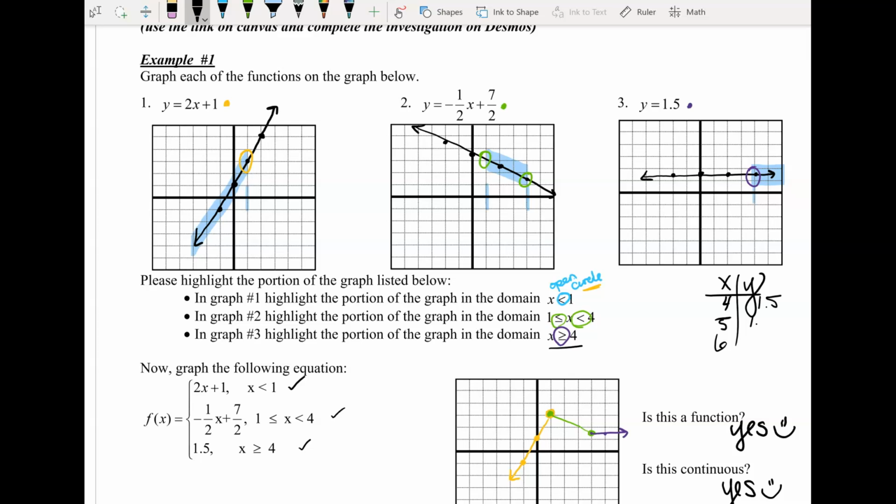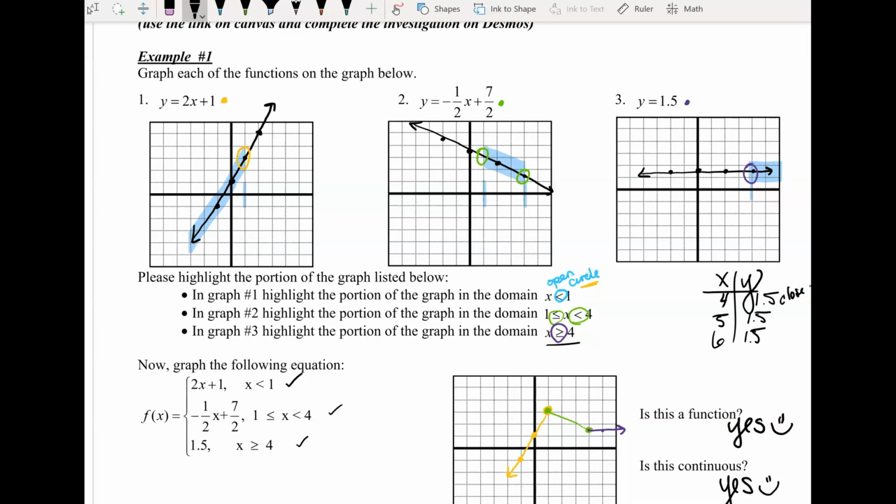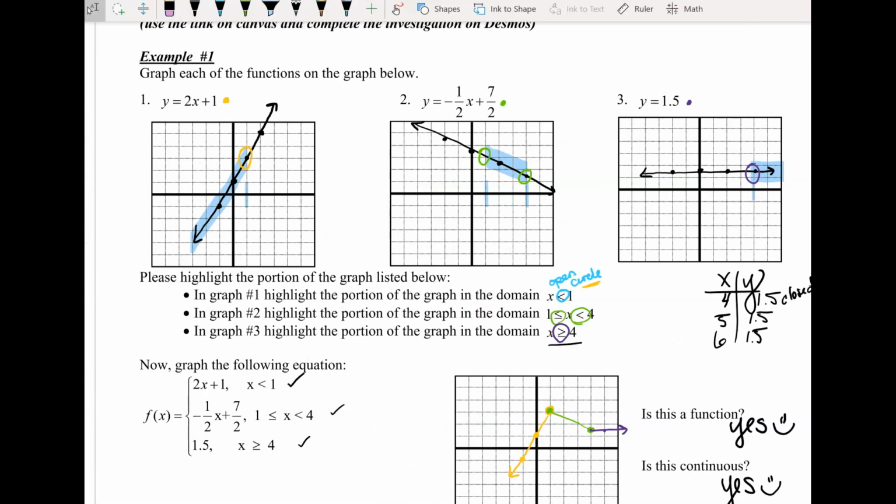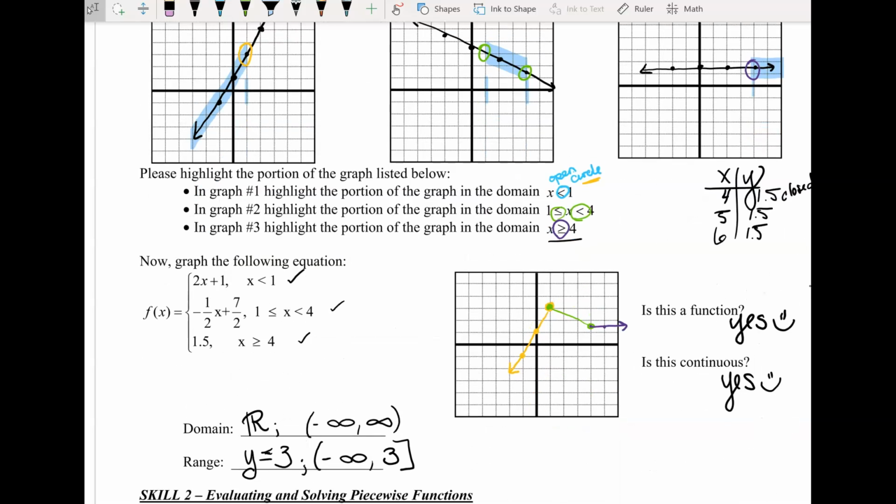When x is 5, y is 1.5 and so forth. And then since it's greater than or equal to, I would just want to write next to this that it's a closed circle so I knew when I was graphing. Okay, let me finish that. There we go. And you could do the same for the others. There's different ways to go about graphing them, either X and Y charts, or feel free to graph them all out and highlight and go from there.